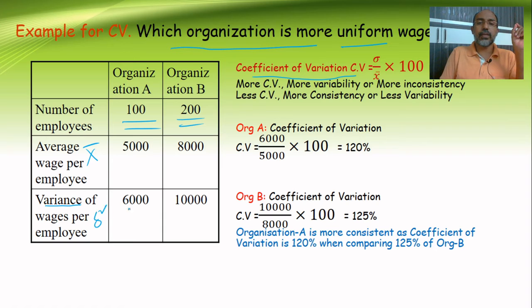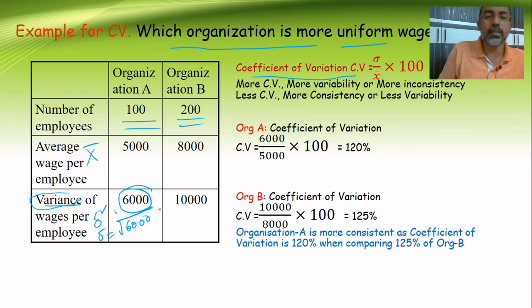So I made a mistake there. I just considered it as a standard deviation, but it is not. It is a variance, so you need to take the square root to get the standard deviation. The square root of 6,000 is 77.46. I am doing the calculation right now, so you need not worry.